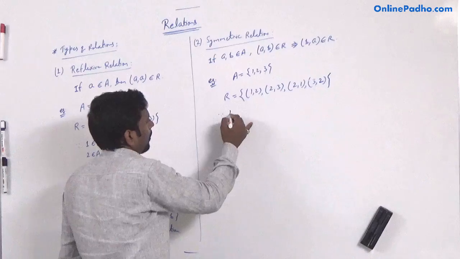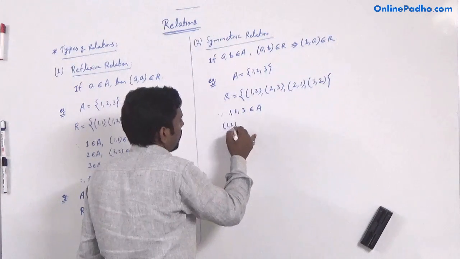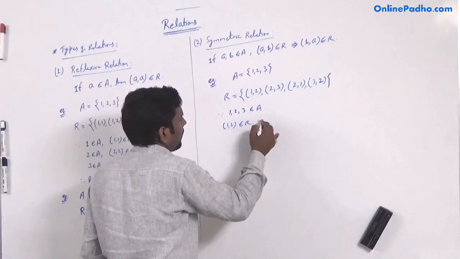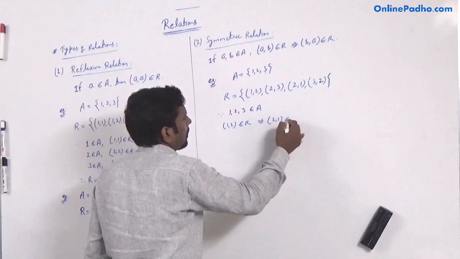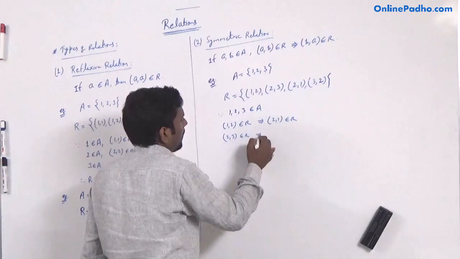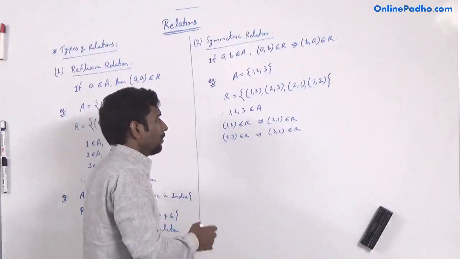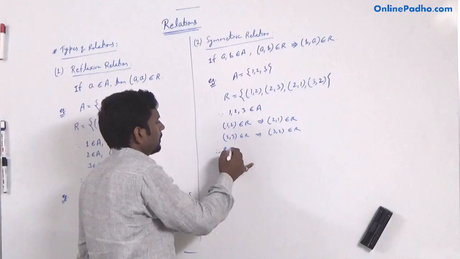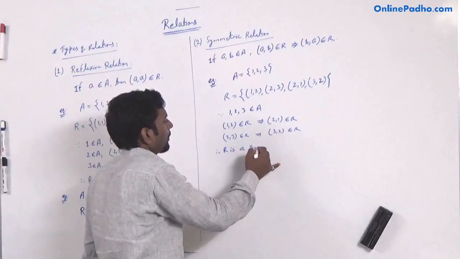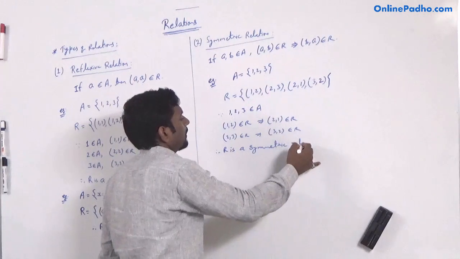Because 1, 2, 3 belong to set A, and if (1, 2) belongs to the relation, then (2, 1) also belongs to the relation. If (2, 3) belongs to the relation, then (3, 2) also belongs to the relation, right? Therefore, R is a symmetric relation.